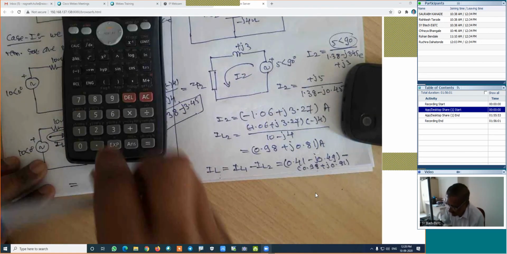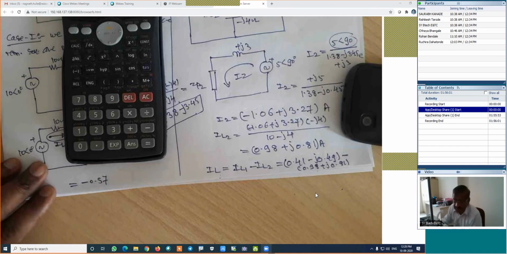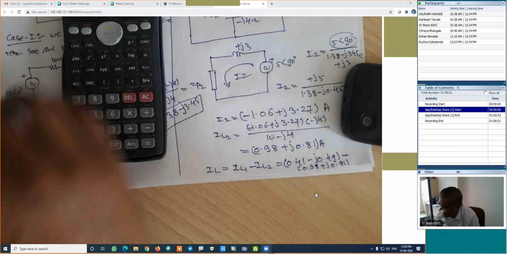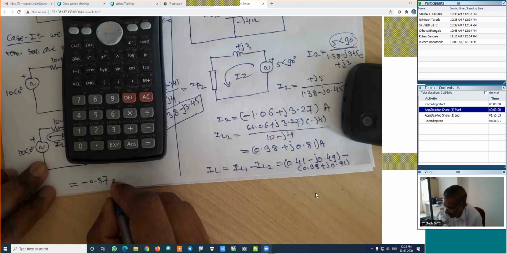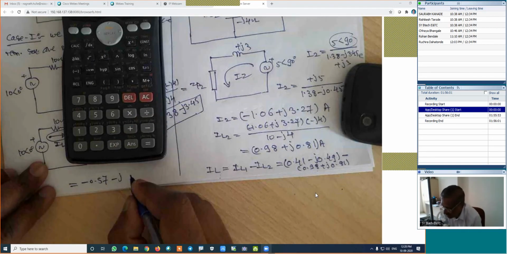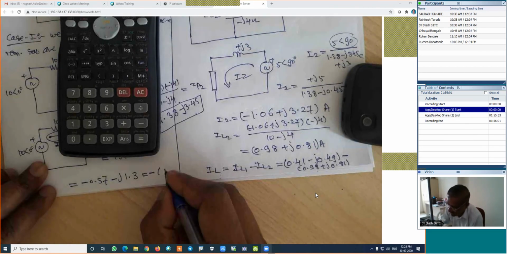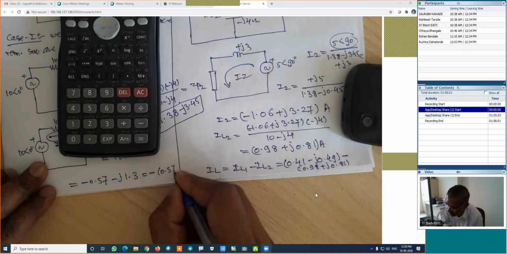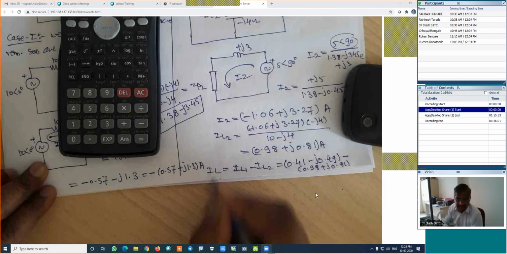This is minus 0.57 as the real part, and shift, this will be minus j1.3 amperes. Otherwise, if we take the minus sign common, 0.57 plus j1.3 amperes is the answer.